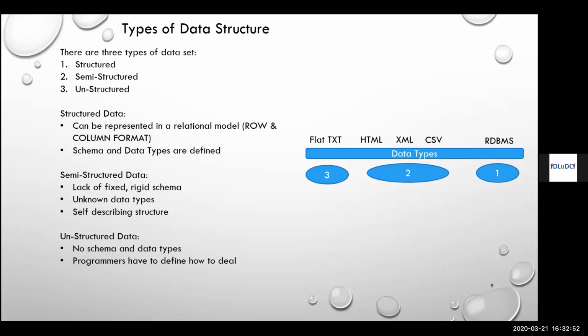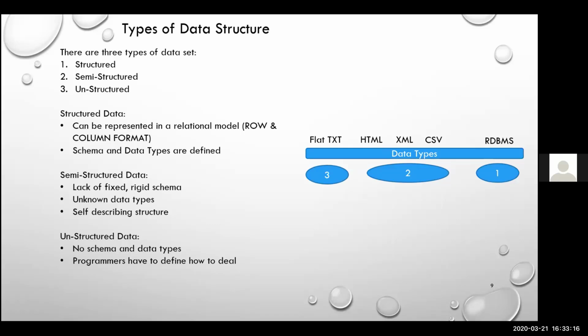When we say structured, it's very easy to define. For example, we design our applications in a relational database management system: MS SQL, MySQL, Oracle, Sybase. There are a lot of databases we generally use.